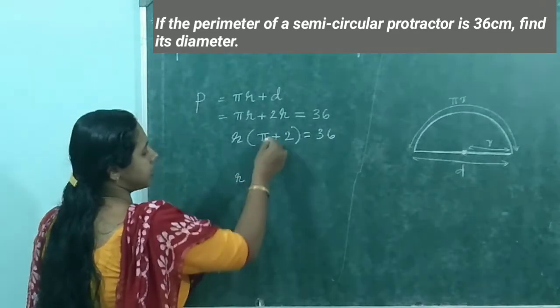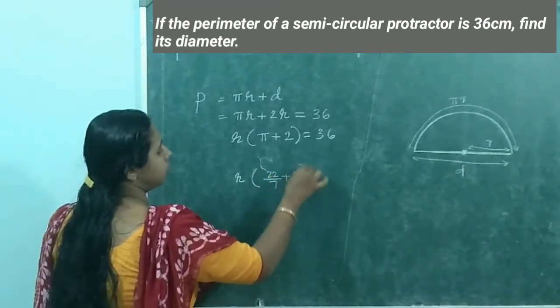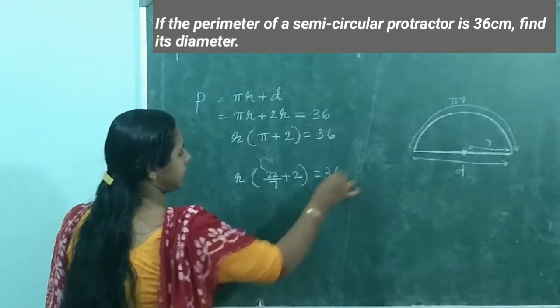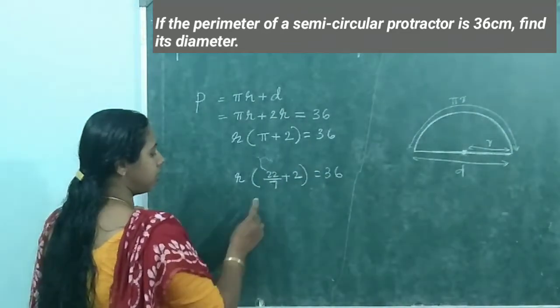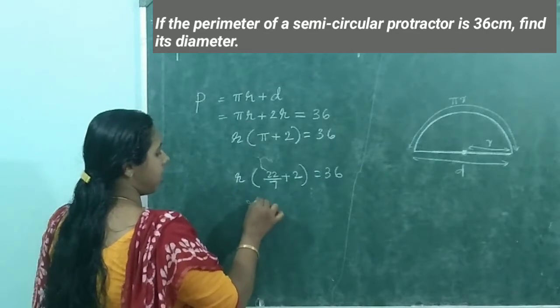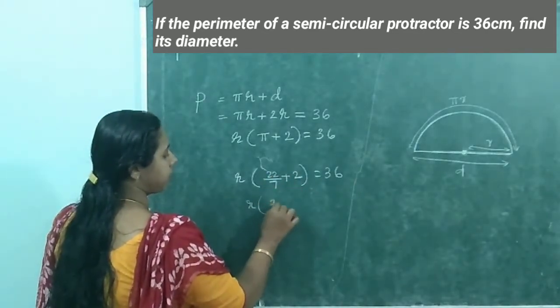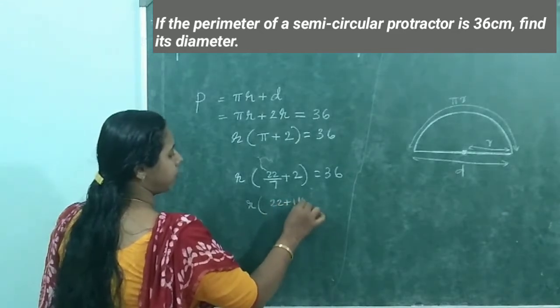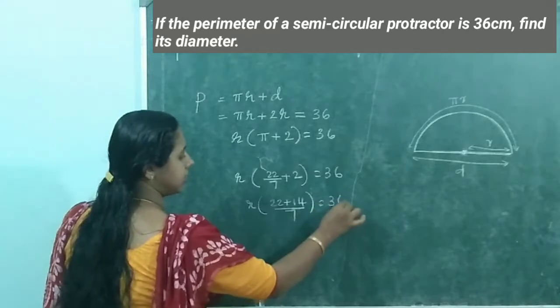Or we can substitute the value of pi, 22 by 7 plus 2 is equal to 36. So 22 by 7 plus 2 you can calculate here. So r into 22 plus 14 by 7 is equal to 36.